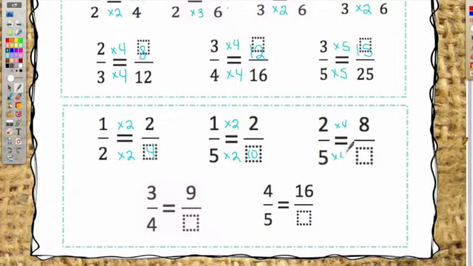So 5 times 4. 20. Okay, 3 times 3. So 4 times 3 equals 12. 4 times 4. So 5 times 4 equals 20. Okay? Now, let's take a look at the sprint.